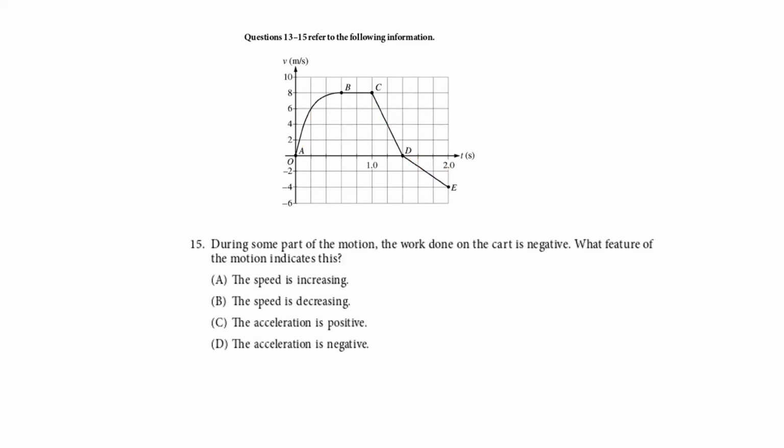All right, so for this one, during some part of the motion, the work done is negative. Which feature indicates this? So remember, your work is equal to force times distance. So for this one, these have to be opposite signs, right? If you want this to be negative, you're going to have positive force for negative distance, or negative distance and positive force, or whichever way I said it.